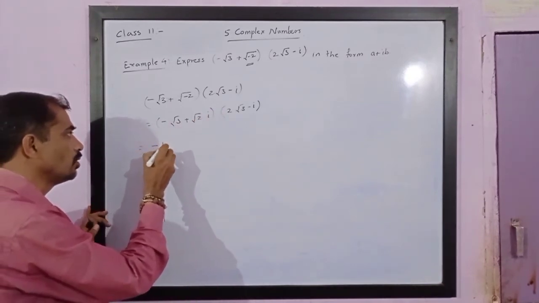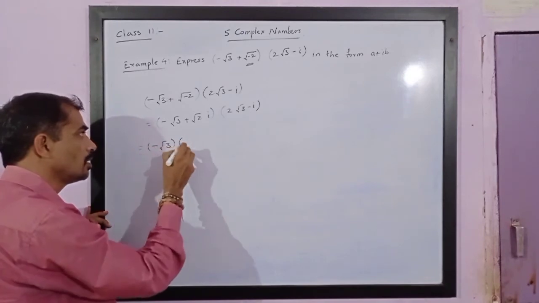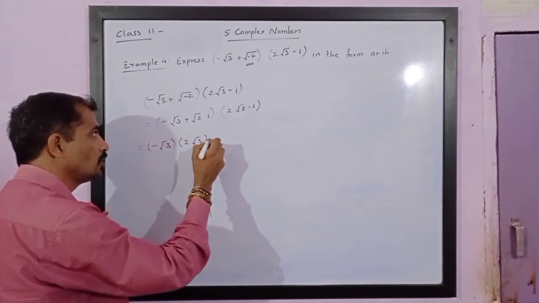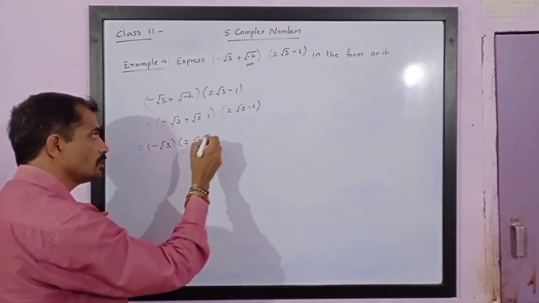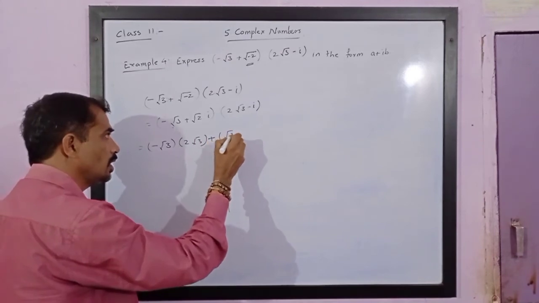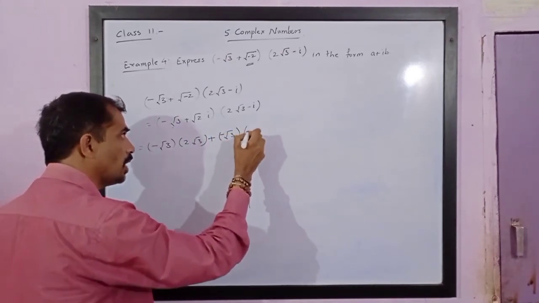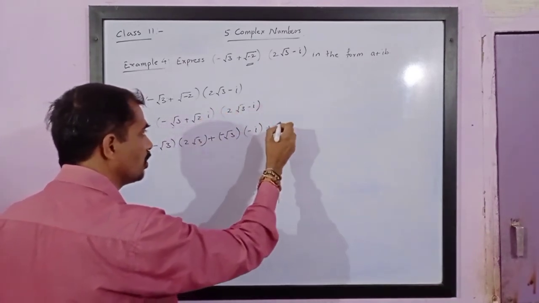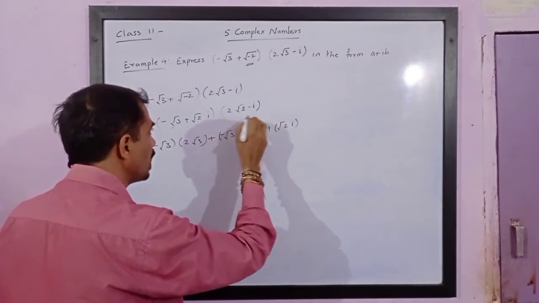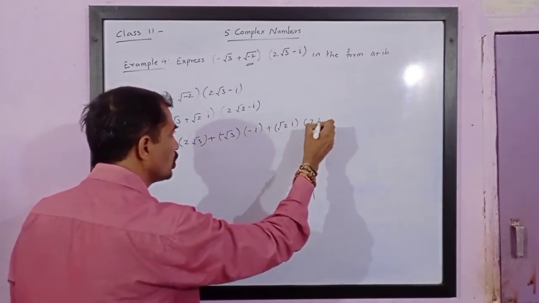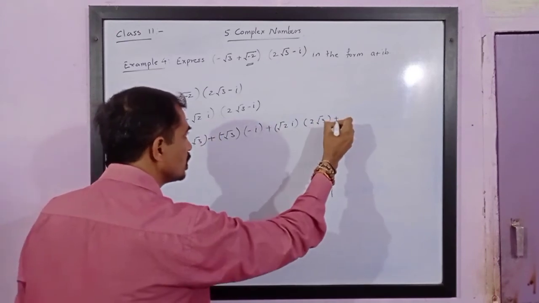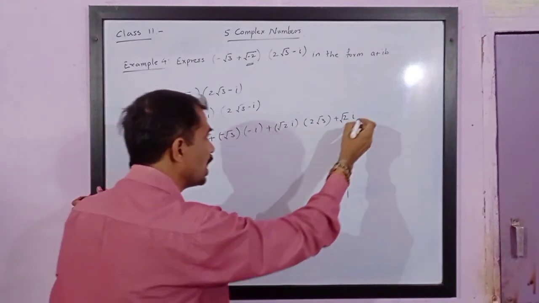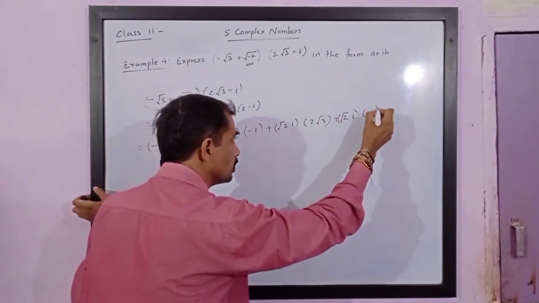This is equal to negative root 3 multiplied by 2 root 3, then negative root 3, first term, plus negative root 3 multiplied by negative i, then second term multiplied by all the terms in the second bracket, that is root 2i multiplied by 2 root 3 plus root 2i multiplied by negative i.